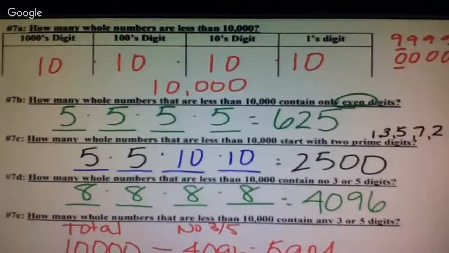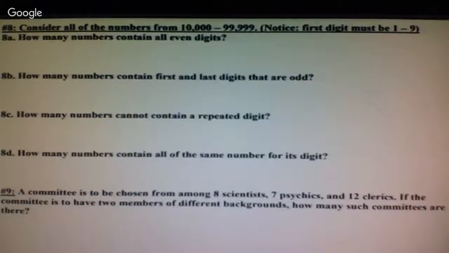I'm less than 10,000, which means I only have 4 spaces to fill in because the highest I can go is 9,999. That's 4 spaces: 1, 2, 3, 4. That's where these came from. Now the smallest I can go is 10,000, and the highest I can go is 99,999. How many digits is that?